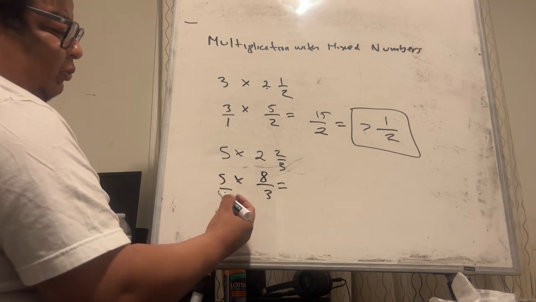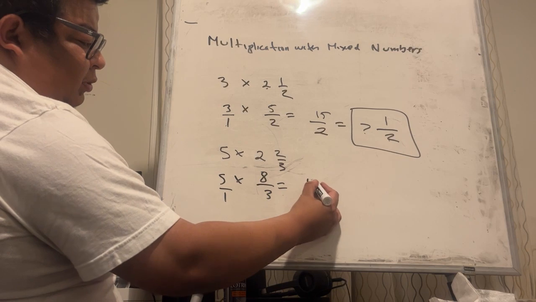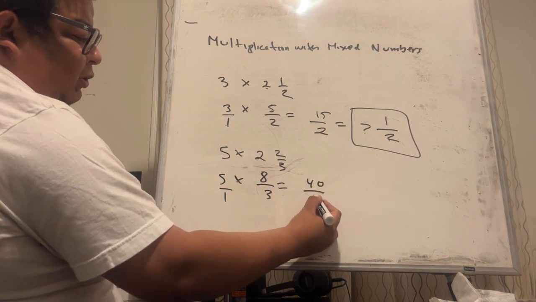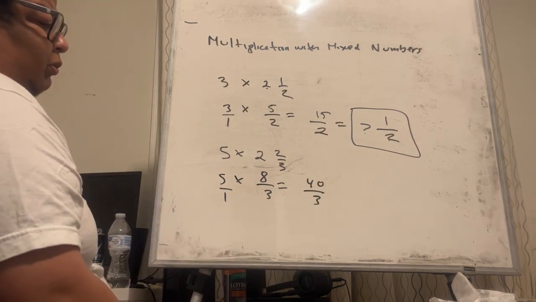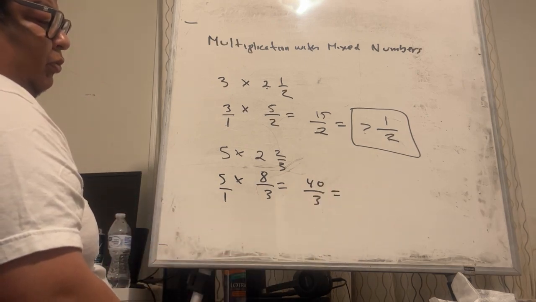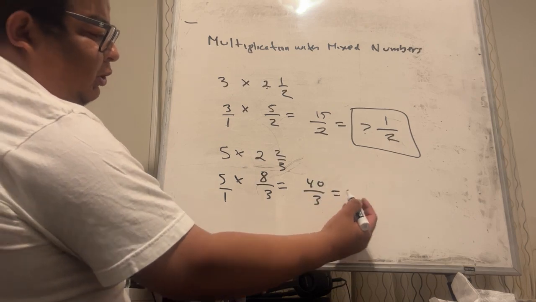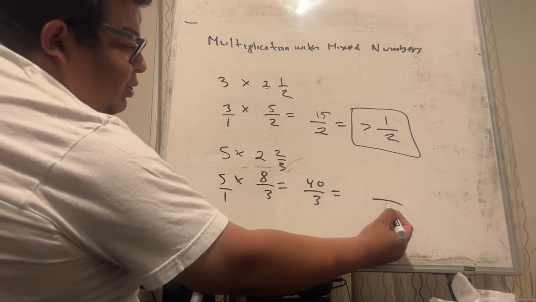Multiply across. So it'll be 5 times 8, 40 over 3. Okay, can you simplify? No. So since the numerator is bigger than the denominator, we turn it into a mixed number.